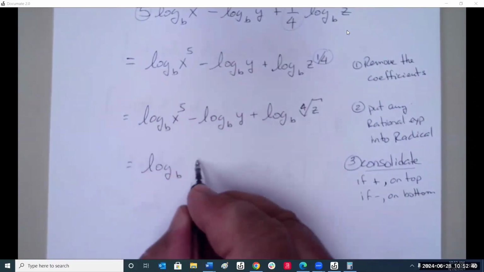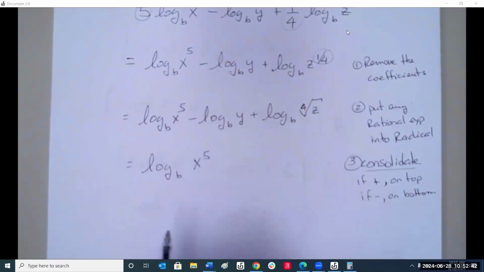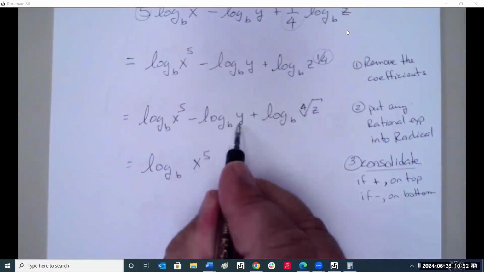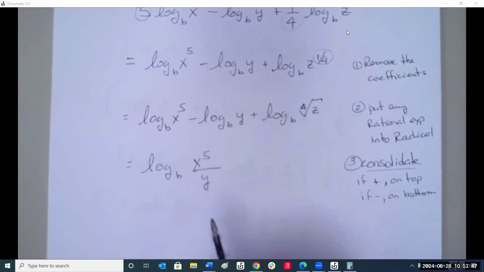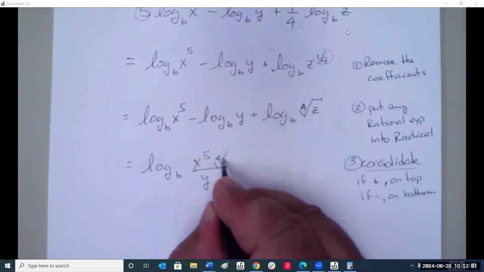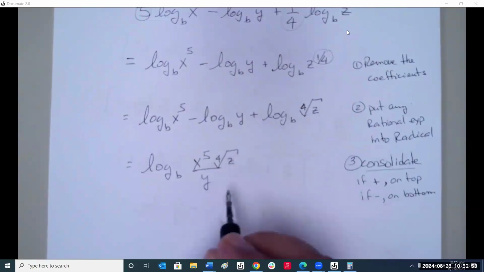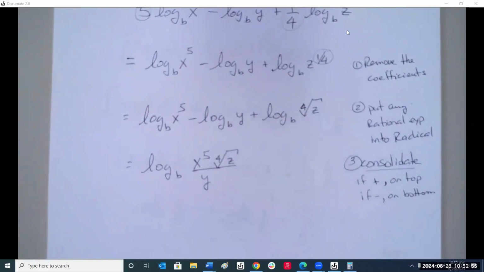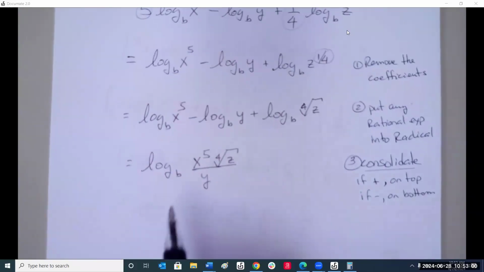This one's positive, so we have x to the 5th. This one's negative, so it goes on the bottom. This one's positive, so it goes on top. You're done. As far as you can go.